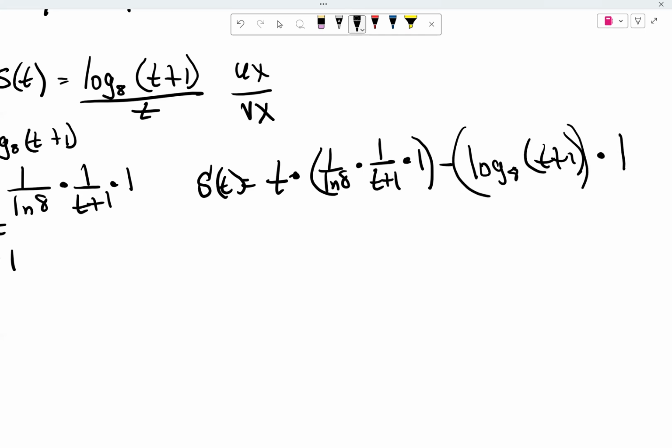Remember, this is part of the original question. All of this over t squared, that's your v of t.